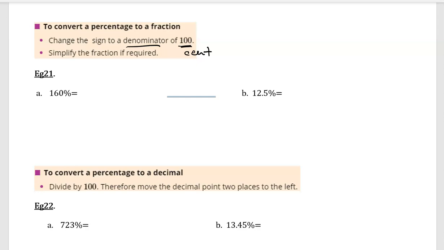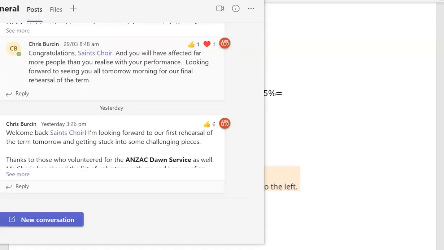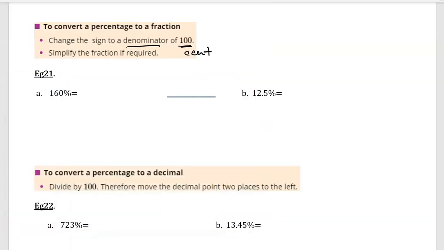So for example, 160% would be 160 over 100. So in order to turn that into a fraction, we need to then reduce that.